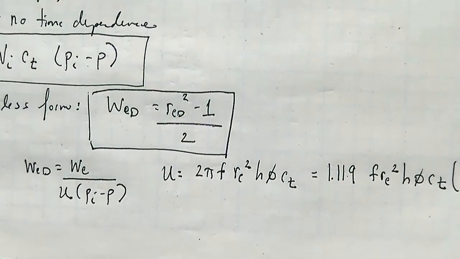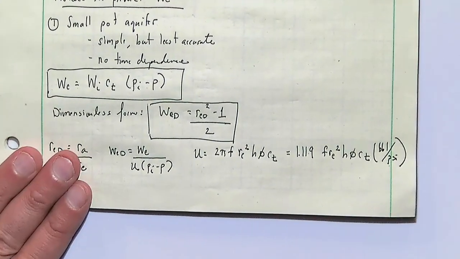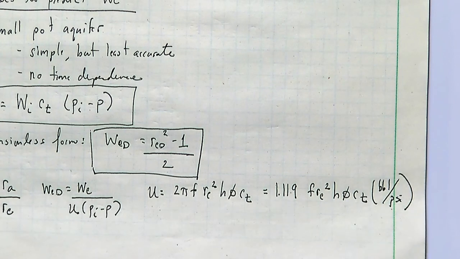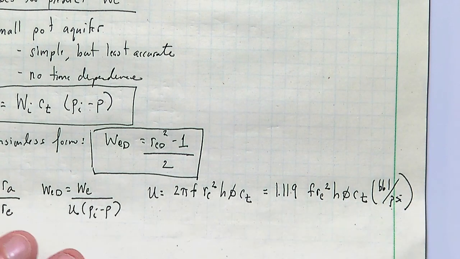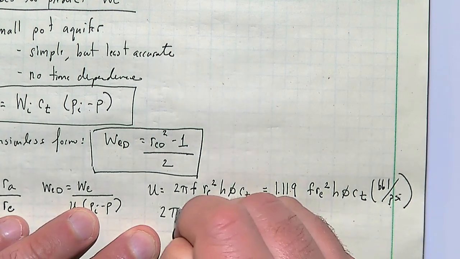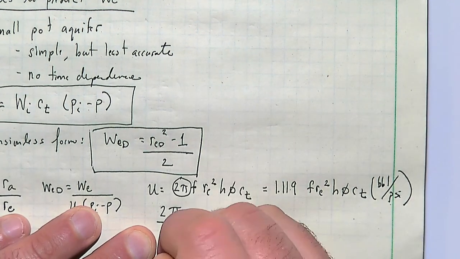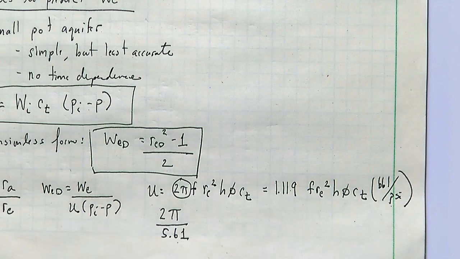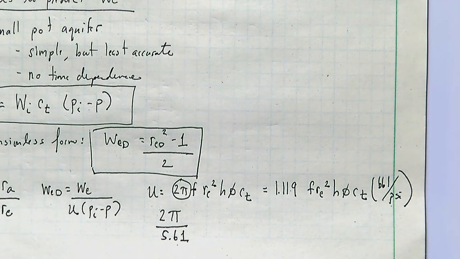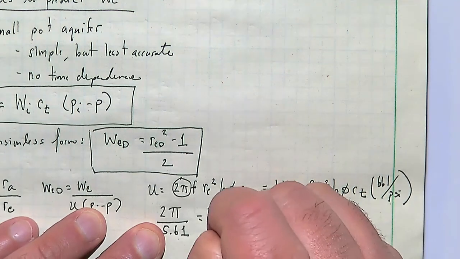So maybe you can see that a little bit better. I've introduced this 1.19, and let me show you where that 1.19 comes from. So 2 pi, that's this, divided by 5.61. There's 5.61 cubic feet in a barrel. That's equal to 1.19.